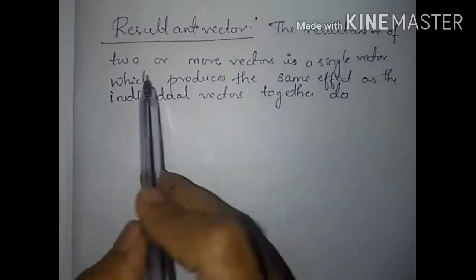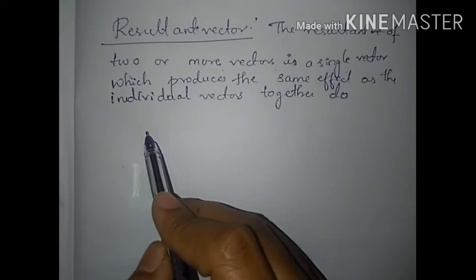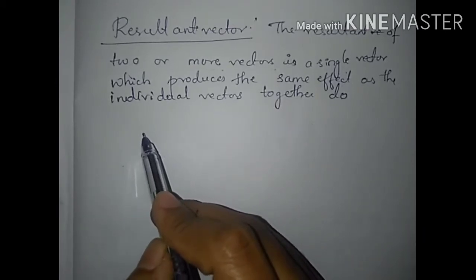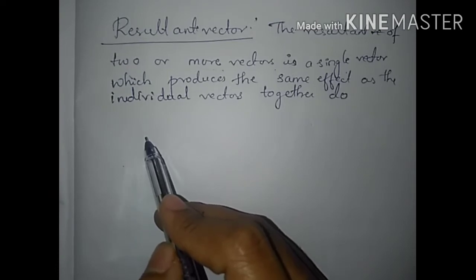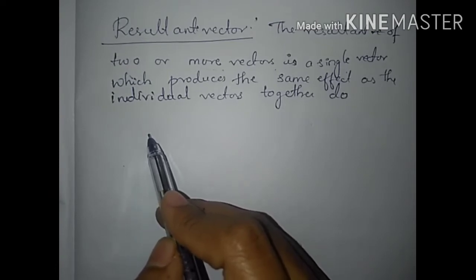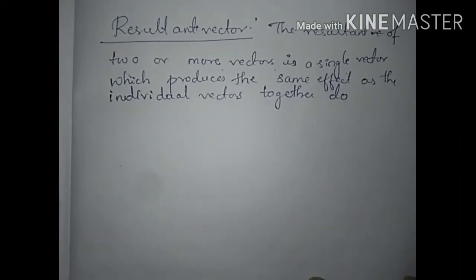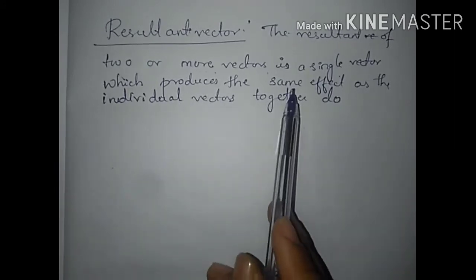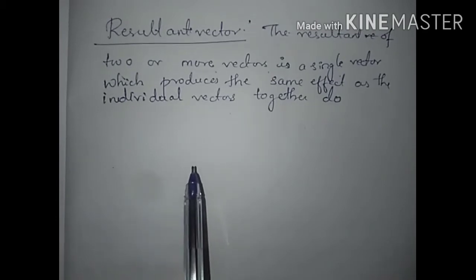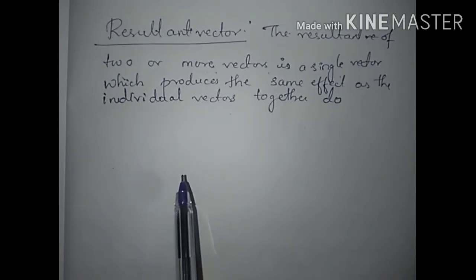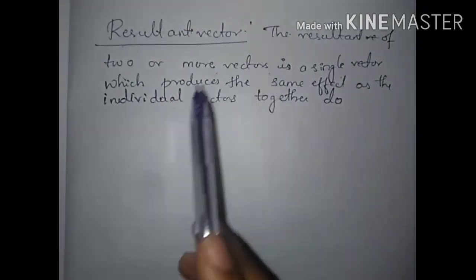The resultant vector of two or more vectors is a single vector. So you saw there you had vector A and vector B. Then you drew the vector from the tail of A to the head of B. Then you said it is the resultant vector, which equals A plus B. So this resultant vector will produce the same effect as the individual vectors do. So this R will give the same effect as the effect given by vector A and vector B. Hence these are known as resultant vectors.